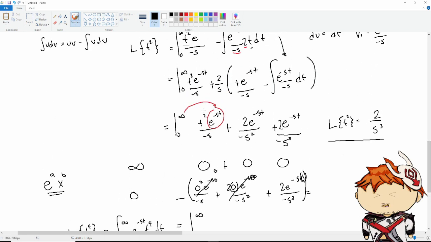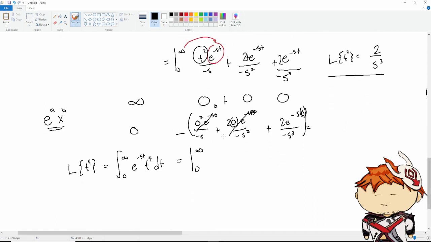Our integrated part becomes t to the fourth, plus t cubed, plus t squared, plus t, plus a constant, since there's no more t.